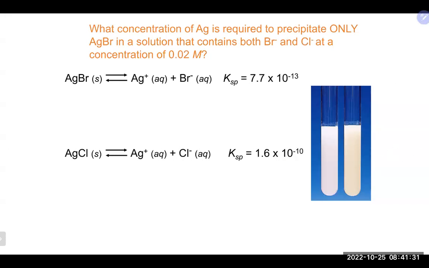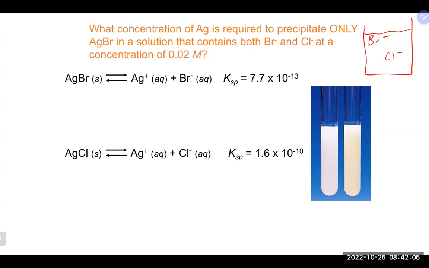So what we're going to look at in this particular example is the idea of selective precipitation. It's a very common use of KSP, where we want to selectively precipitate out one ion from solution while keeping another one still floating around. Now, for this particular example, let's say we had a solution that had bromide ions and chloride ions floating around.